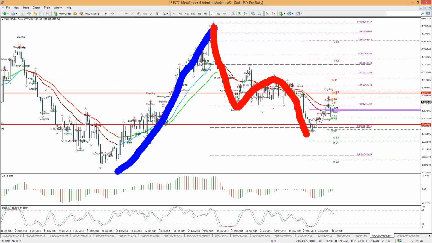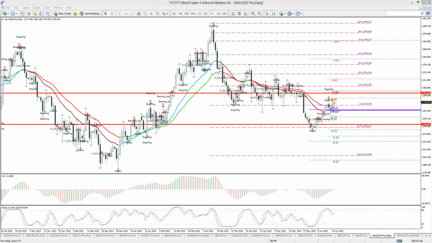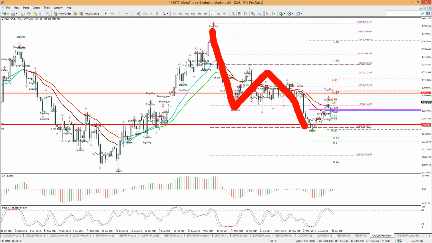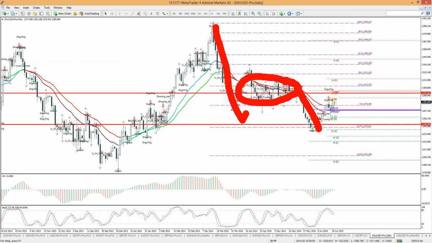The swing down also happened in three waves, whereas the swing up in one. So it looks like the up move is more impulsive, and this is more of a corrective, impulsive correction. The downside did have impulsive moves with correction in between, but overall it looks like an impulsive correction, at the moment at least.